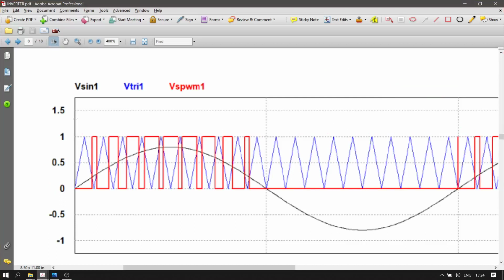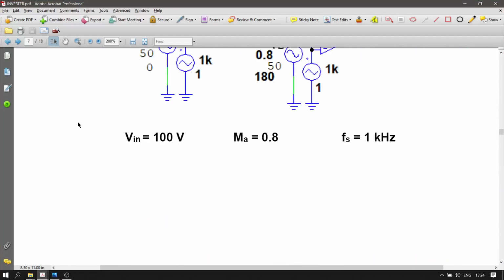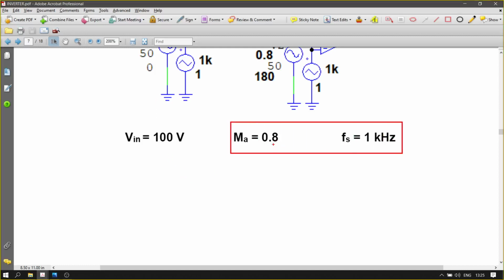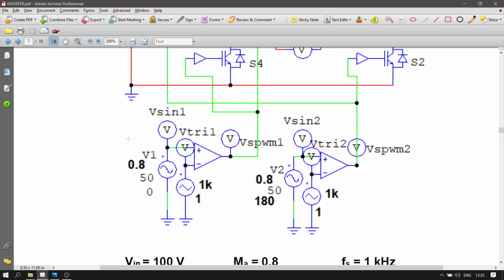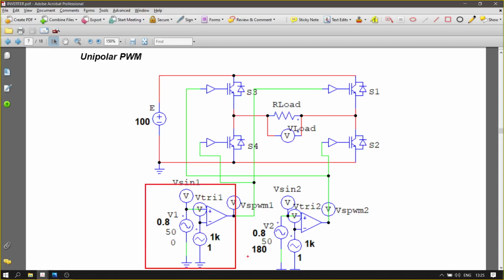Okay, if I go back to the previous page, yes, exactly. Your Ma equals 0.8 modulation index, and the Fc, which is the Fs, is 1 kilohertz, because this also determines the switching frequency. For the unipolar, you need to have two different comparators.